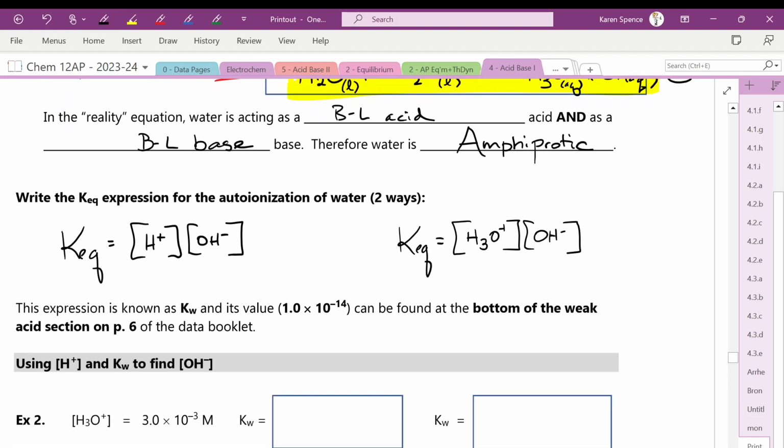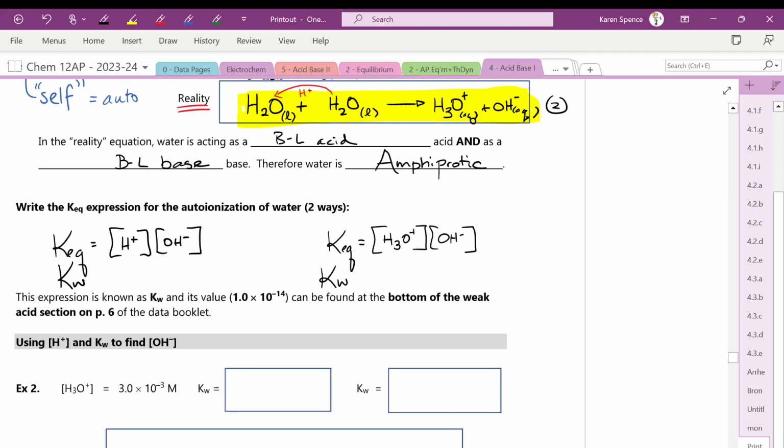This expression is known as Kw. Okay, so instead of Keq, we can call it Kw, and Kw is really the Ka for water. Kw is the Ka for water.